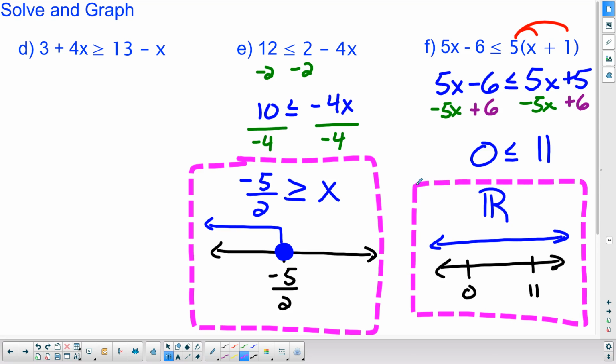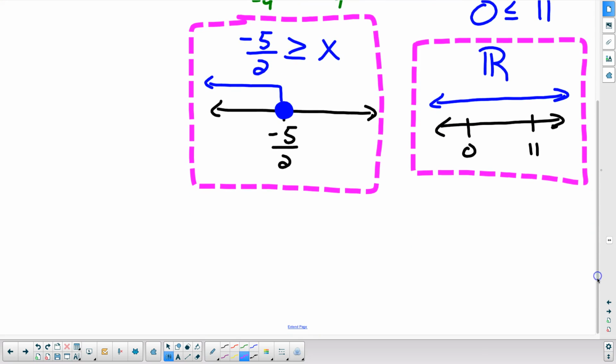Now, a little side note, had this been a false statement, had this been 11 is less than or equal to 0, that's a false statement, right? Then it would be no solution.